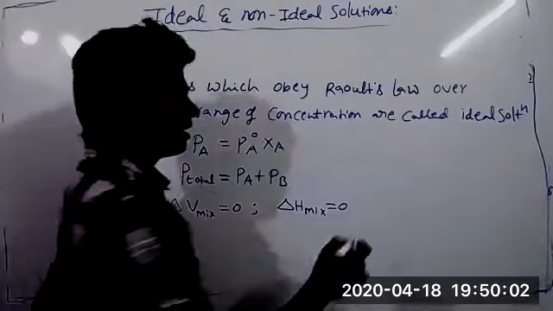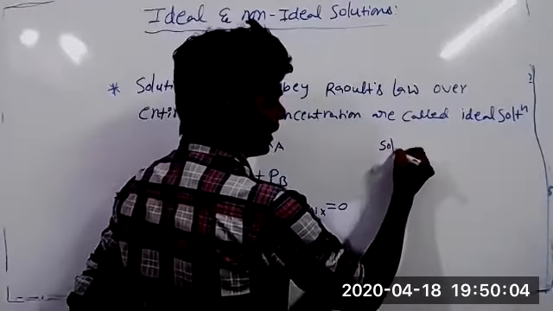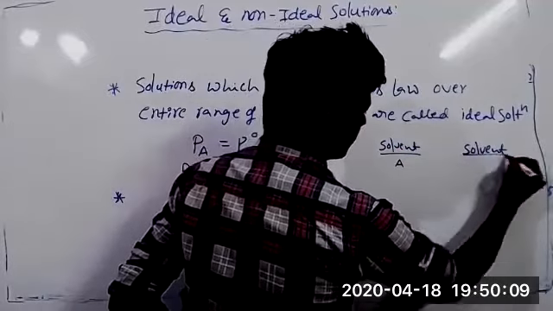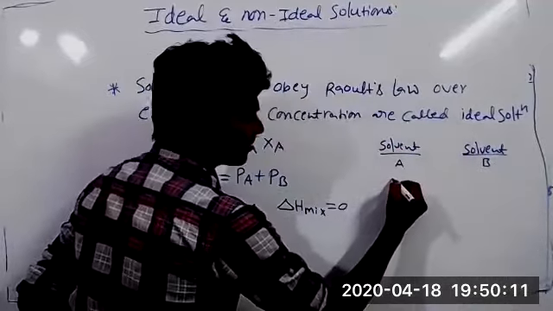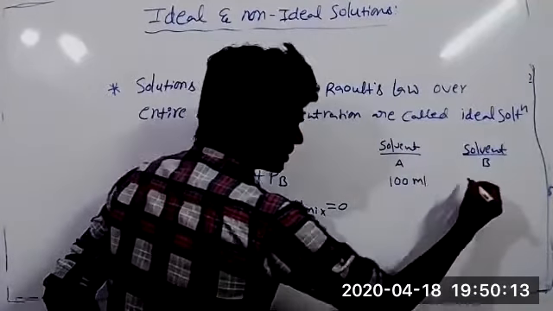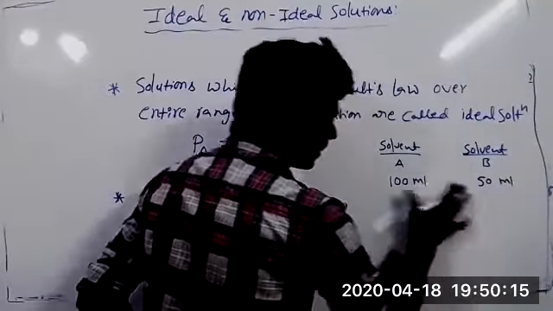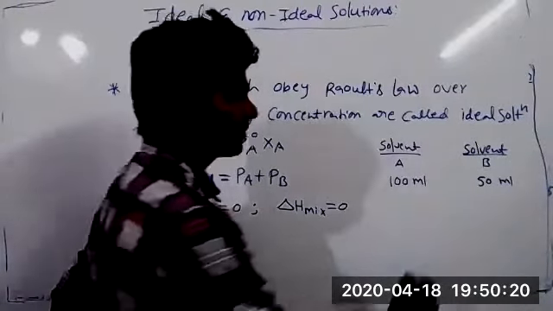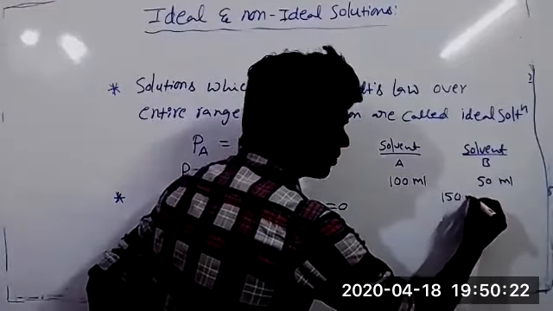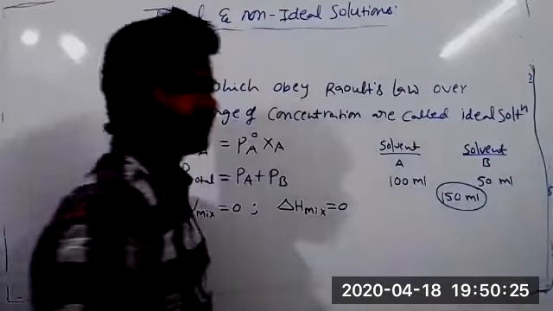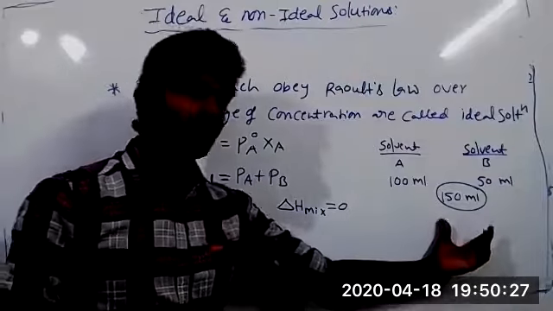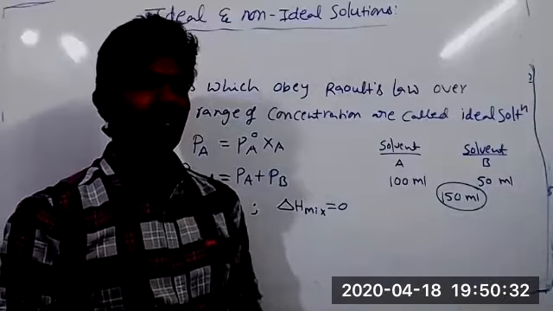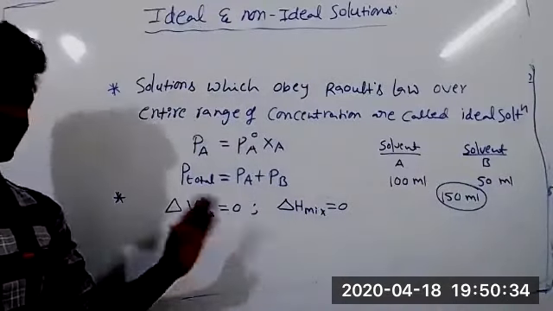Listen, I am taking solvent A and solvent B. Solvent A is 100 ml, solvent B is 50 ml. If I mix both, the total volume must become 150 ml. The volume of the solution should not increase or decrease from 150. That is called delta V mixing 0.